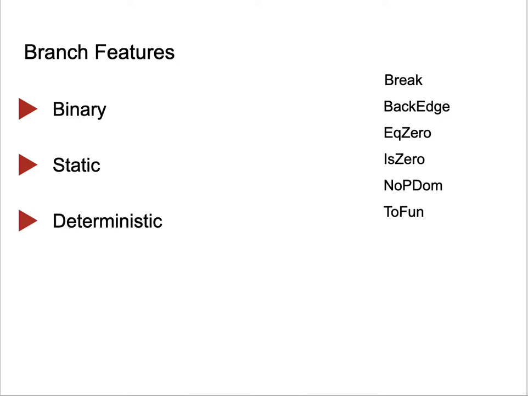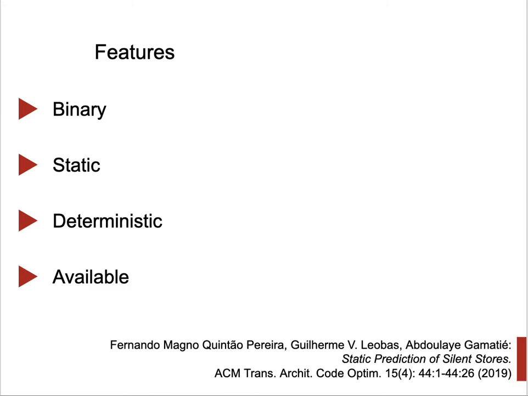As a consequence of this static nature, the features are all deterministic. Given a branch, its feature vector is unique. And they are available, meaning that we can extract them in polynomial time. These 4 characteristics form what we call a static program feature, as defined in this paper about the classification of store instructions into silent or non-silent.